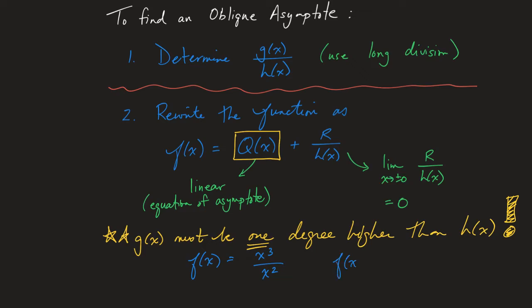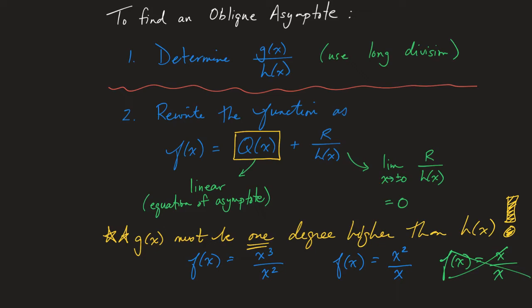If I had an original function that had a quadratic on the top, then I would need to have a linear on the denominator, 1 degree smaller, in order to get my linear quotient. Therefore, if I have f of x and the highest power of x on top is 1 and the highest power of x on bottom is 1, then I cannot have an oblique asymptote, as when I do my division, I will not get a linear quotient.